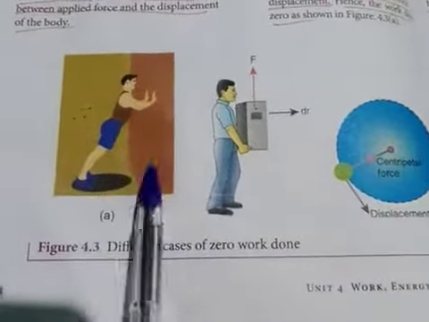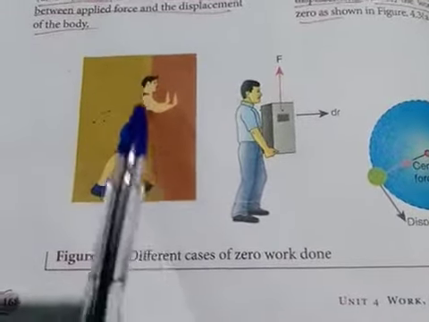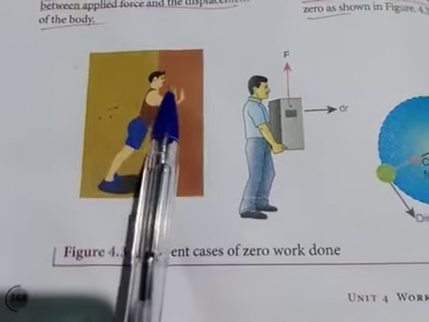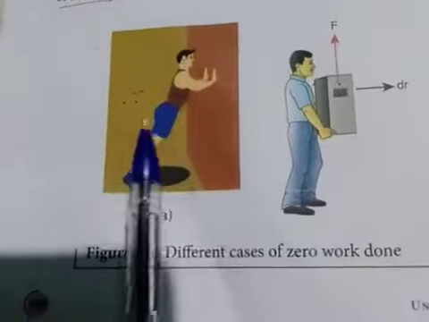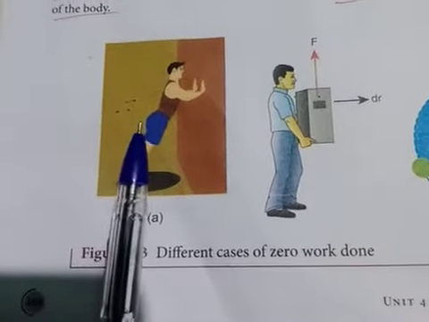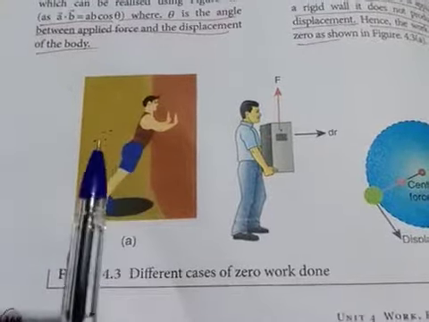In all these cases, work done will be 0, and the first case is: force is 0, work done is 0. Here in this diagram you can see a person. This is a second case, and the first case is you can take a smooth surface.